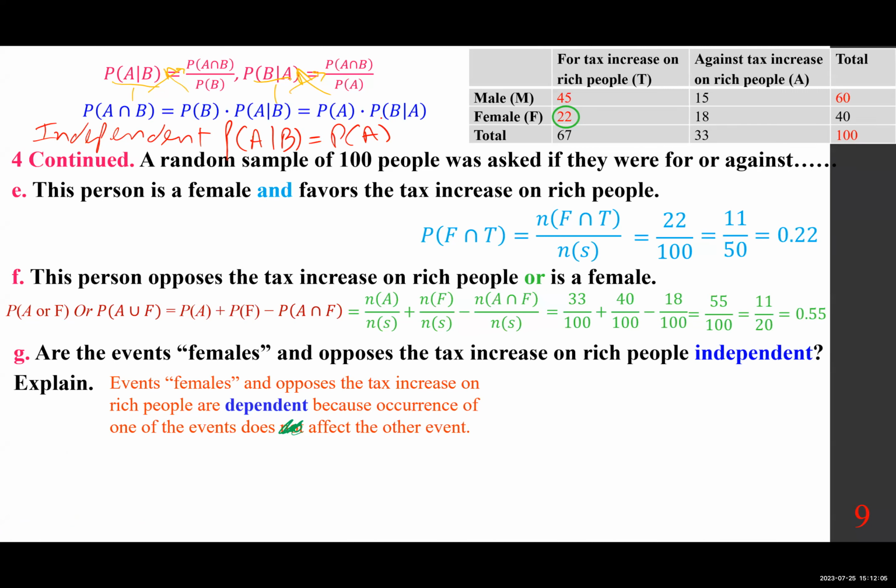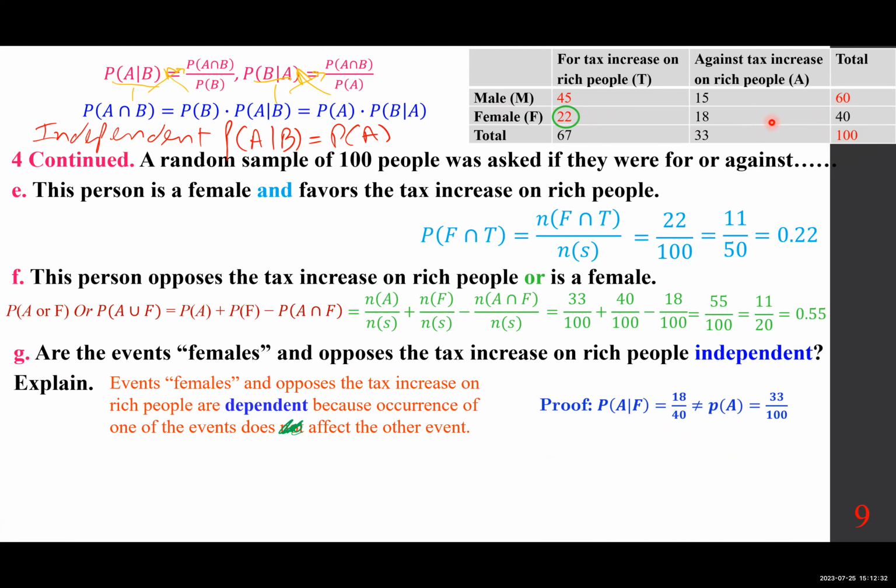So let's look at probability of A given F and probability of A, for example. If you want to take the easy way out, F, just after the given part, has a total size of 40. So we no longer deal with the 100 original size, but rather it has been shrunk to 40.